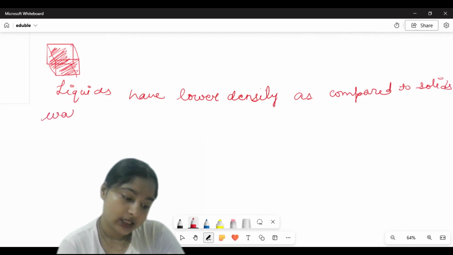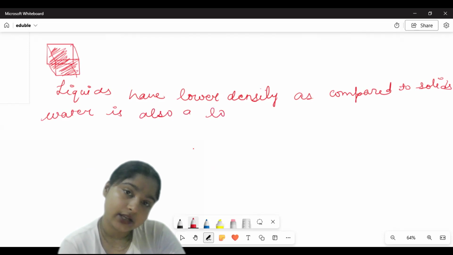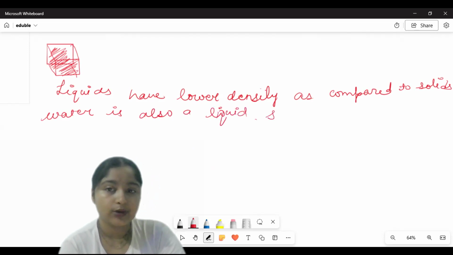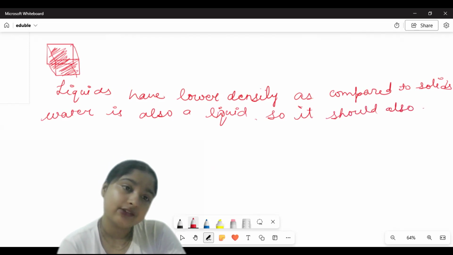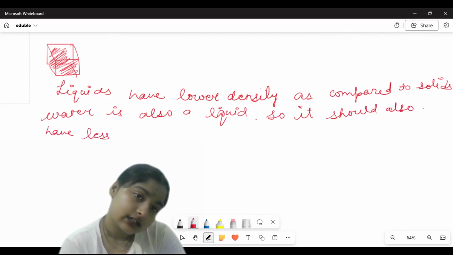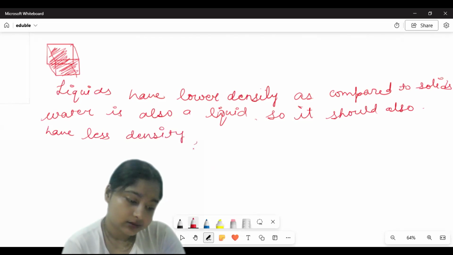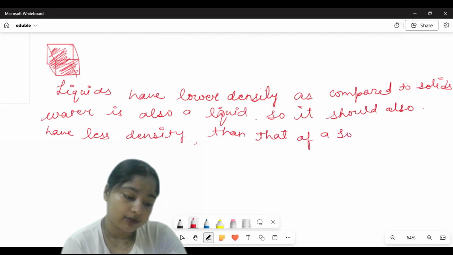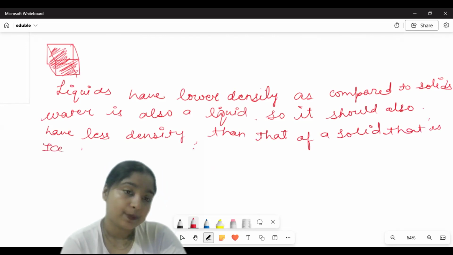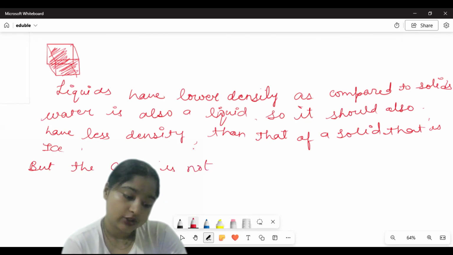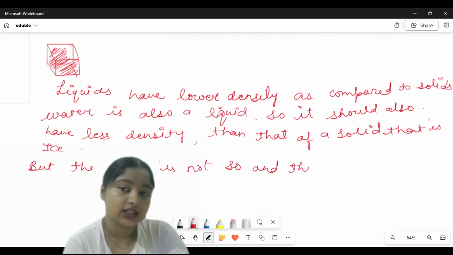Water is also a liquid, so it should also have less density than that of a solid, that is, in this case, ice, right? That is ice.